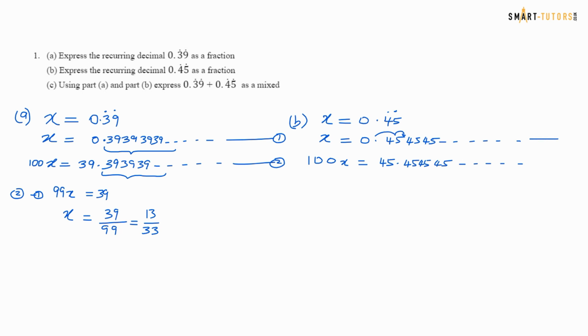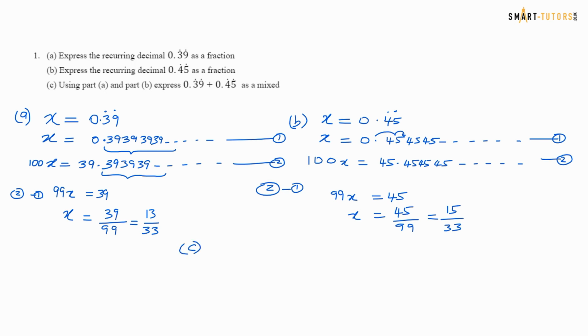Now take away one from the other, 2 take away 1 gives 99x equals 45. So x equals 45 over 99. Divide by 3, that is 15 over 33. That is the answer for B.